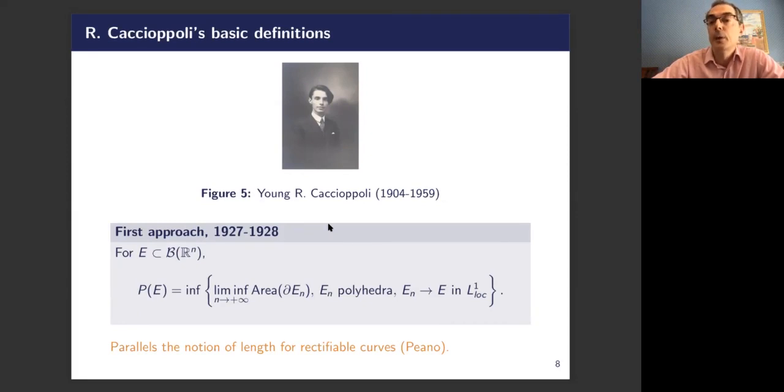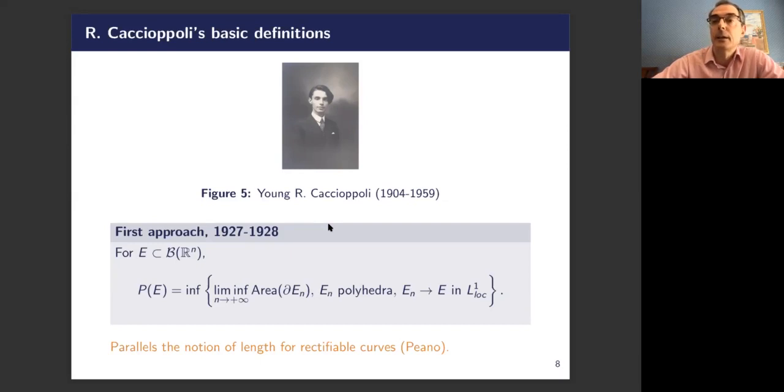The idea is to approximate sets in R^n by sets for which the notion of perimeter is straightforward, or at least intuitive. He shows approximations of sets in R^n by polyhedra, defining the perimeter of a polyhedron as the sum of the areas of its faces. So the idea is that we approximate a set in R^n by a family of polyhedra.